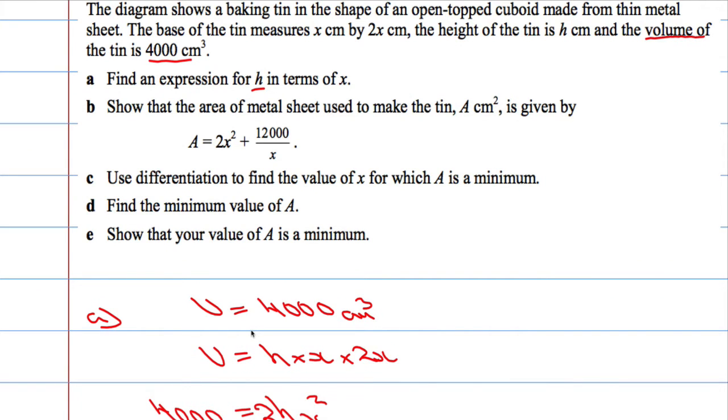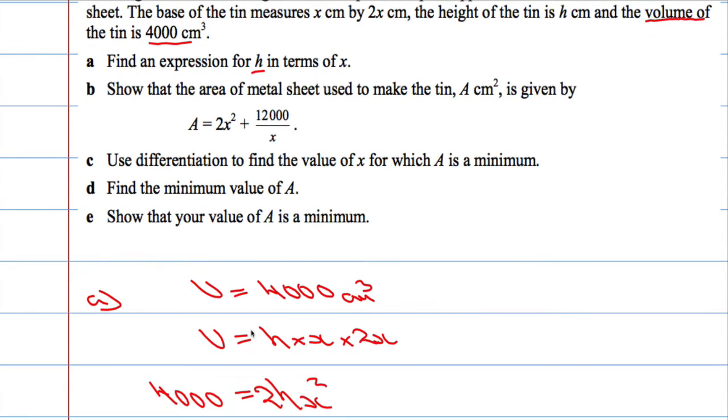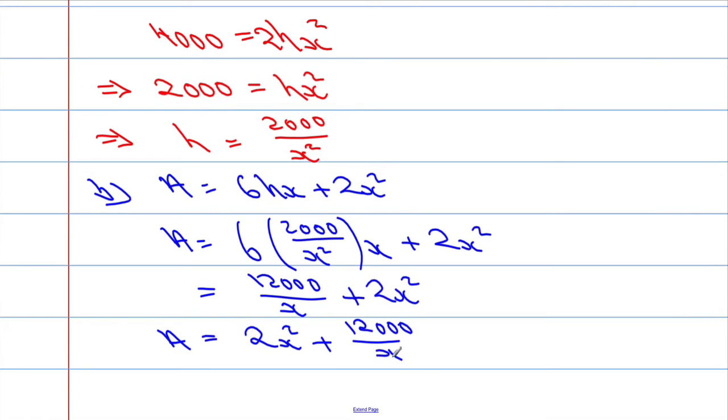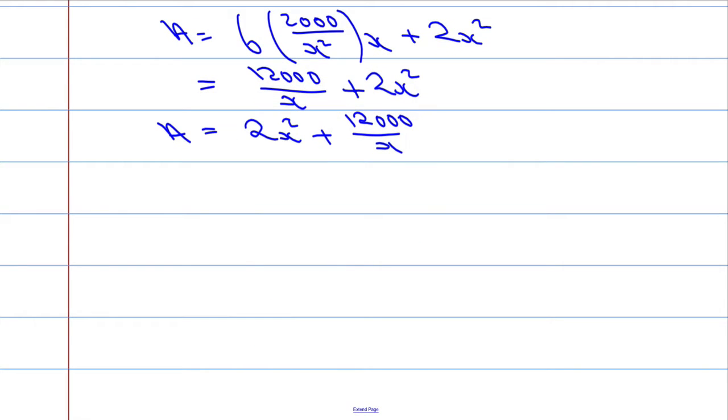Okay, next part is to use differentiation to find the value of x for which A is a minimum. So what we need to do is differentiate this function here. So I'm going to get dA/dx, differentiate the area with respect to x, and we get 2 times 2 is 4, reduce that power by 1, plus, now I'm going to rewrite this just to make life a little bit easier.